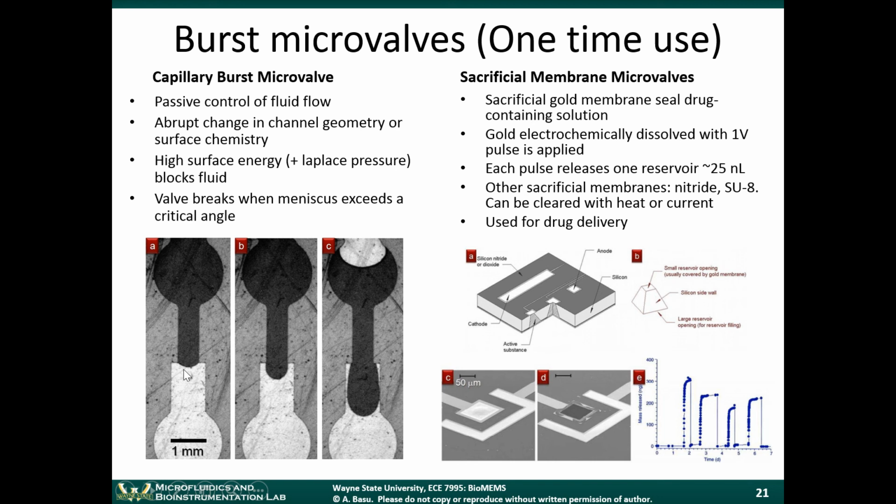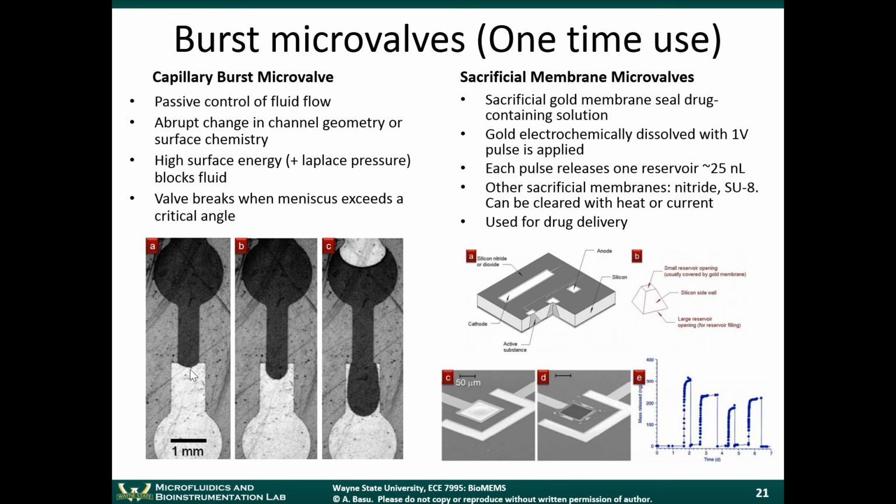Why does it act as a valve? Well, you have a meniscus forming here. Now, what happens when we form a meniscus? Do you remember from the last module? Hydraulic resistance? Close, but not quite hydraulic resistance. It's a pressure that forms, a Laplace pressure.